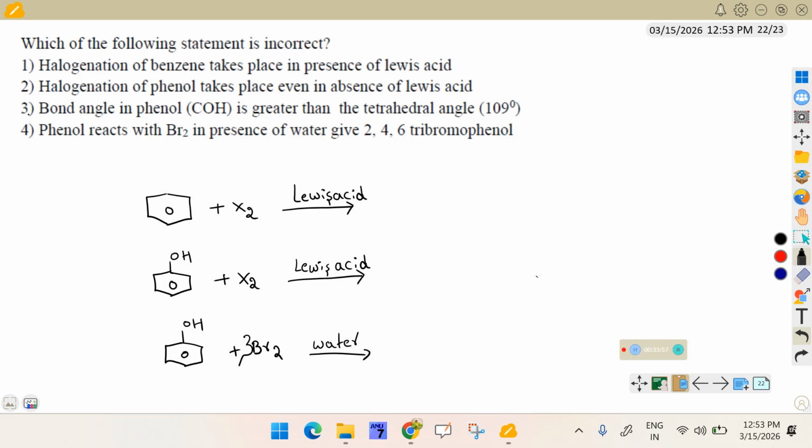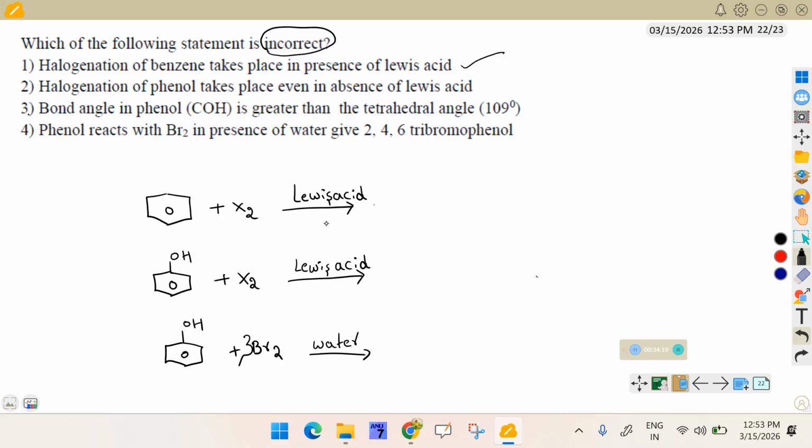See the next question, which of the following statements is incorrect? Halogenation of benzene takes place in the presence of Lewis acid. Yes, this statement is correct. What is the role of Lewis acid here?